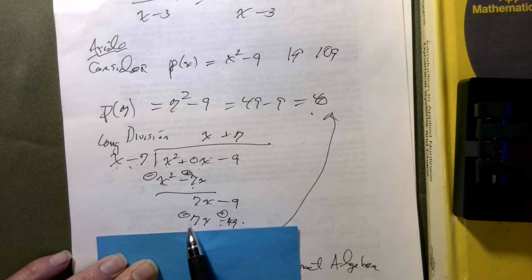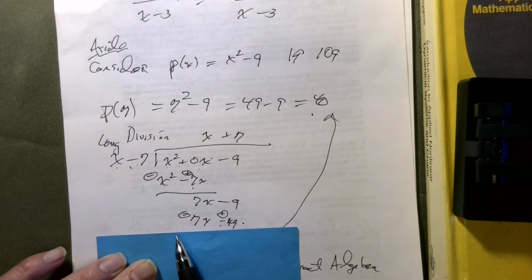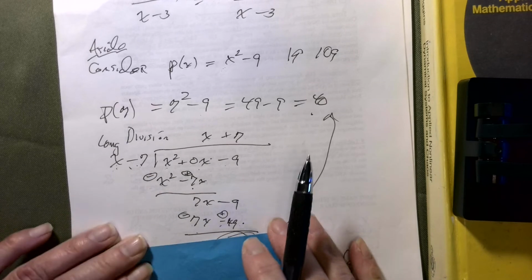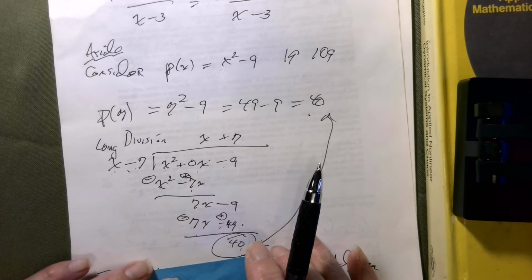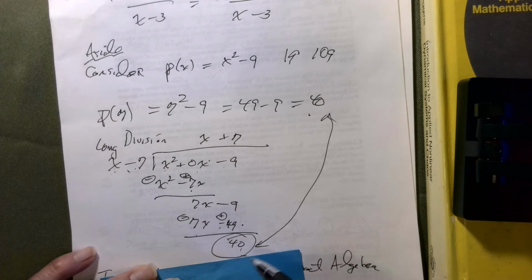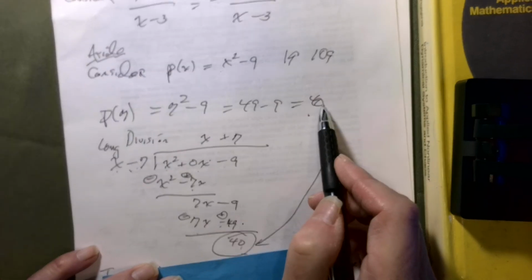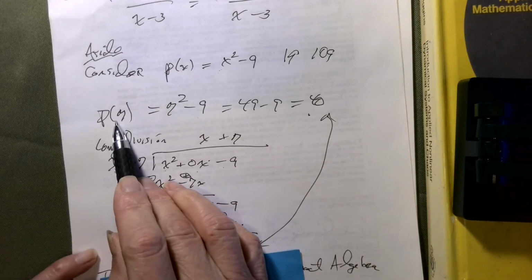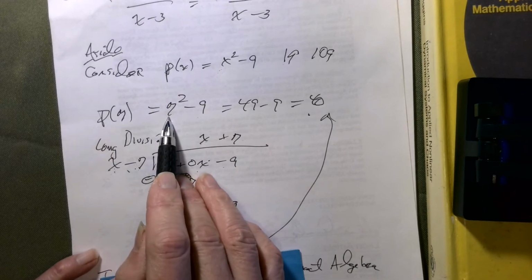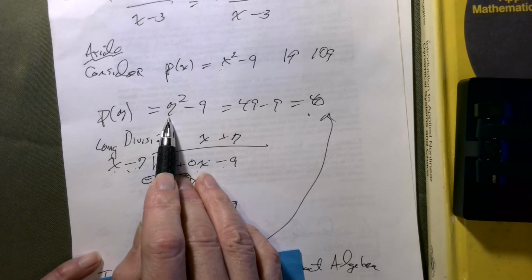This was a positive, it becomes a negative. Students usually find this a little bit easier to remember: just put a little circle around it. This was negative, now it becomes positive. The 7x's cancel. And I'm left with 49 minus 9, which is 40, which is what I came up with by just plugging in the 7. Again, where did the 7 come from? Out of thin air.